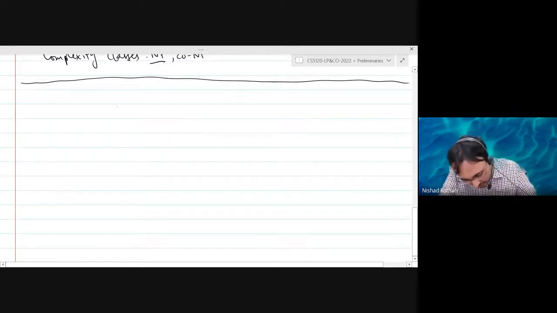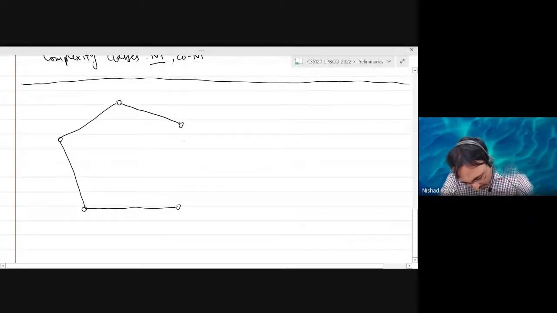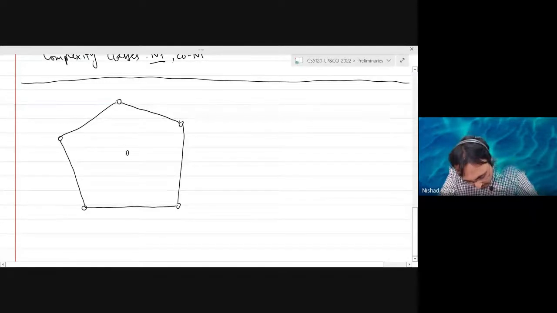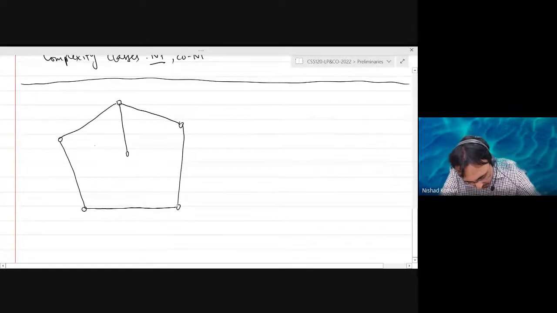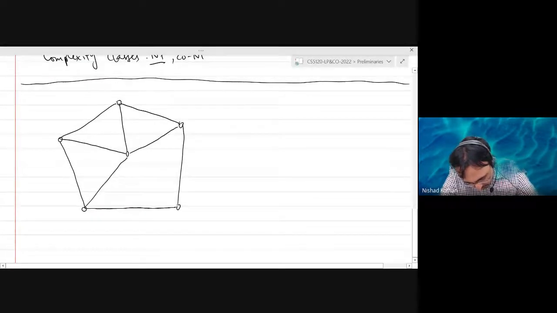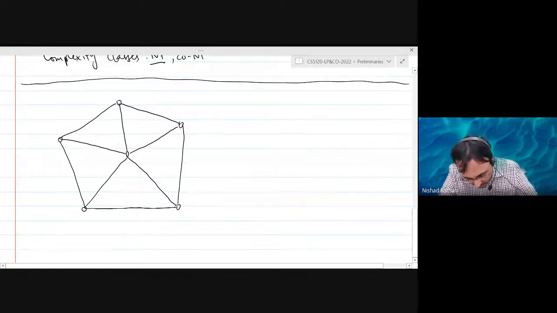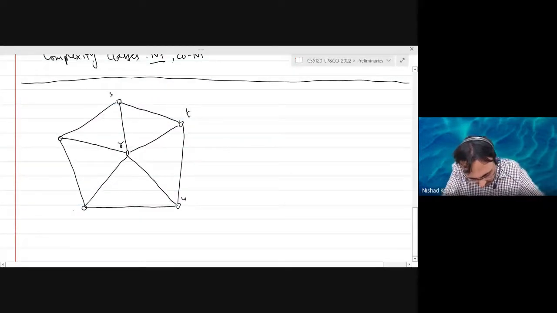This is not a course in complexity theory, but so let's start with a slightly more intuitive discussion. Okay, and I want to give you an example. So let's consider the following graph. So here is a particular graph G. I want to label the vertices R, S, T, U, V, and W. Okay.